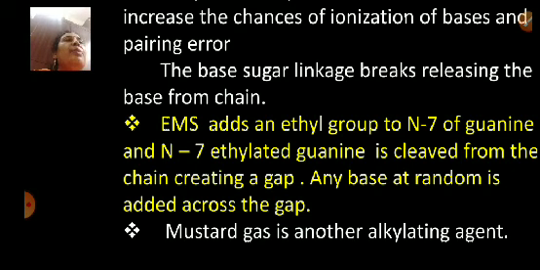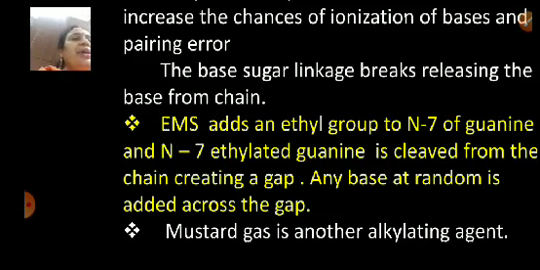Let us take an example of ethyl methyl sulfonate, EMS. It adds an ethyl group to N7 of guanine. The N7 ethylated guanine is cleaved and released from the DNA, creating a gap. Any base at random is added across the gap.